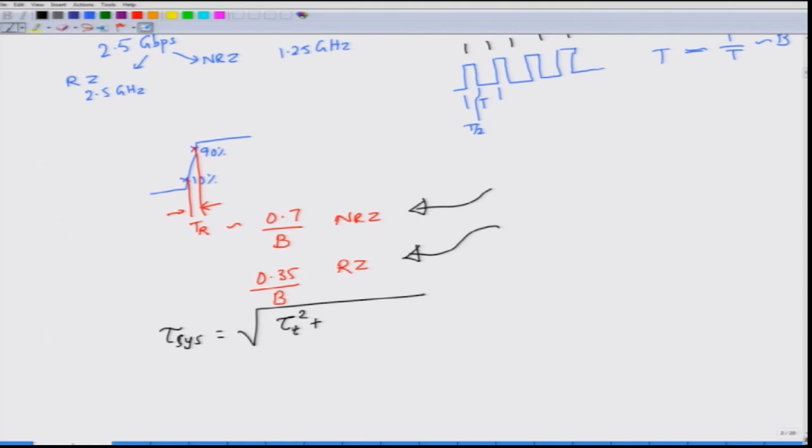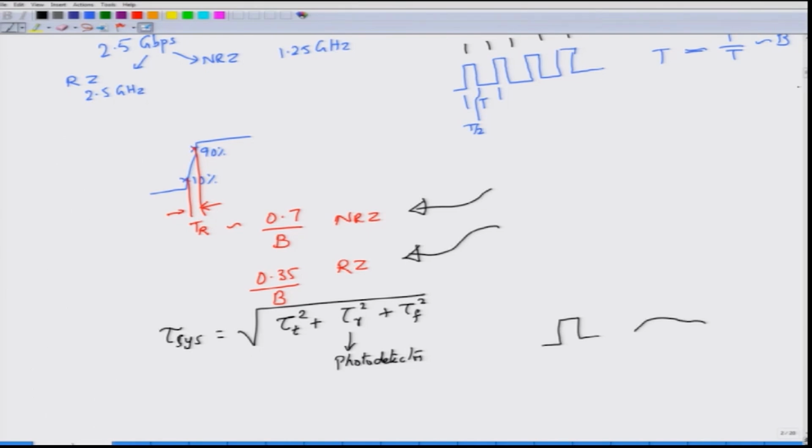So, this quantity is not very important except for legacy systems, and then you have the receiver rise time, which is very important because this comes directly from the photodetector. If you do not have a high speed photodetector, then it simply will not respond to your signals. Okay. You might send in a nice rectangular pulse, but if the photodetector bandwidth is very small, then you will get a signal which is like this, very distorted, and you will not be able to measure anything. Okay. So, photodetector rise time is important, but more or less the limitation comes from the fiber rise time.